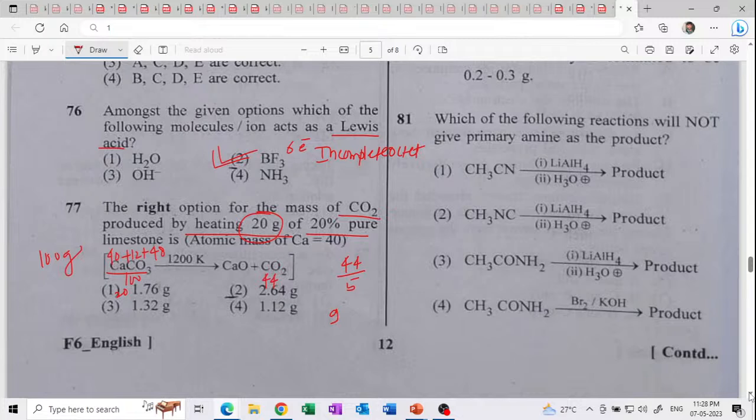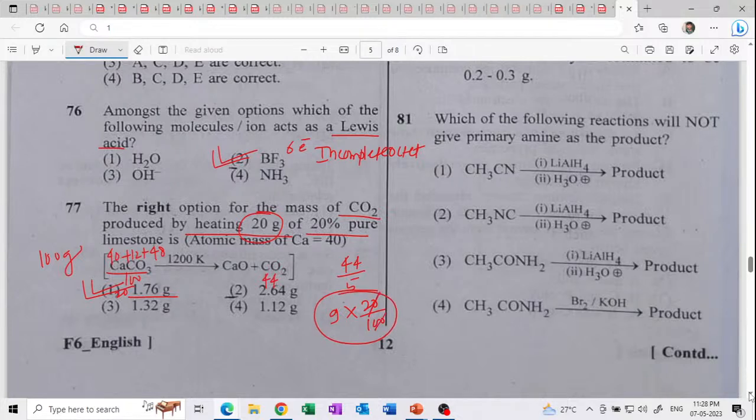Get it? Particular 9. And take 20% of 9, that is 20 divided by 100. So yes, this is your answer. How much answer? This is the 1.76.